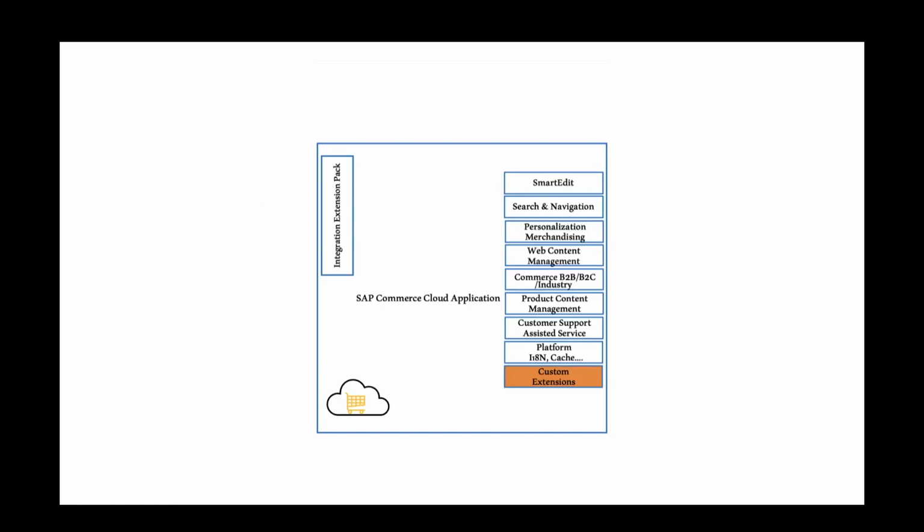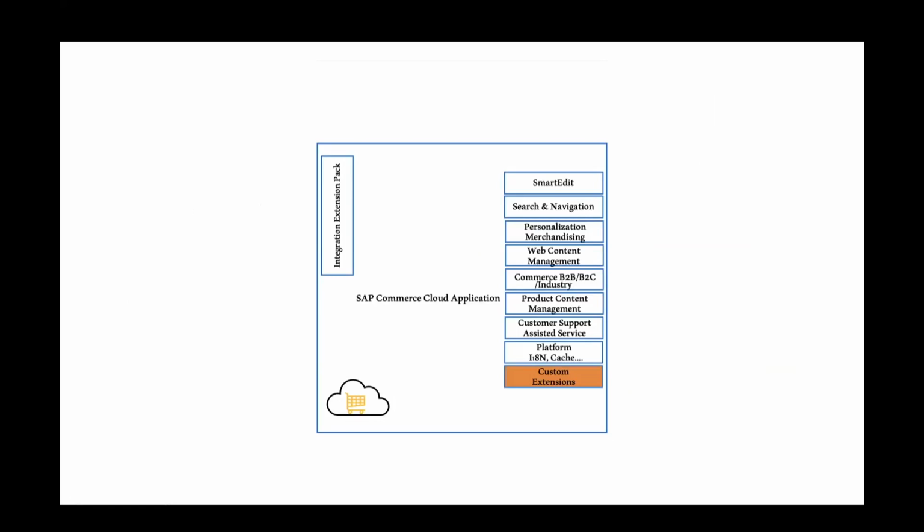Then come the commerce extensions. There are some extensions which provide out-of-the-box features for B2B and B2C industries and some other industries, like the retail industry as well as the travel industry. These extensions have features which are only for those particular industries.